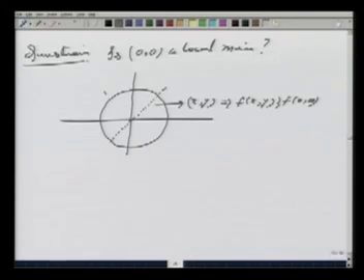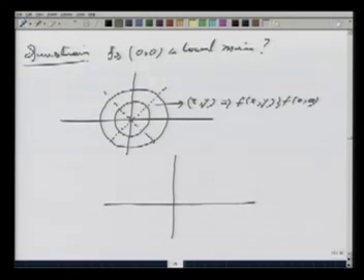If I take this other dotted line, then I might get another disk where f(0, 0) is less than all the points on the second dotted line. But the question is, is (0, 0) a local minimum? That means, can I say that there exists a disk around (0, 0) such that for every point in this disk, f(x, y) is bigger than or equal to f(0, 0)? Do you understand the question here?